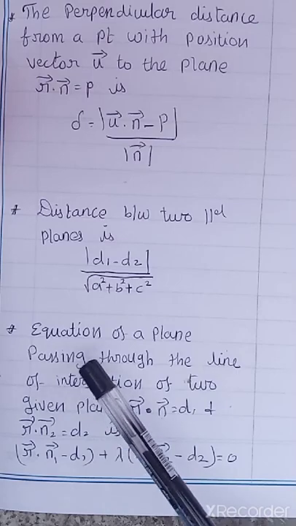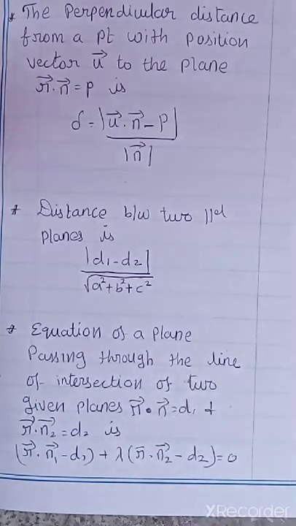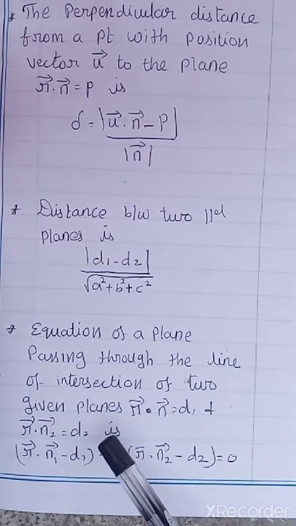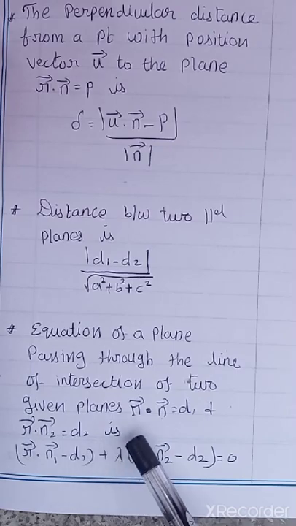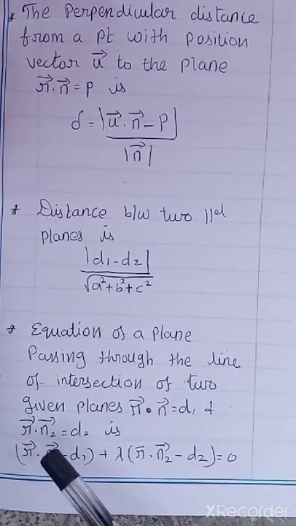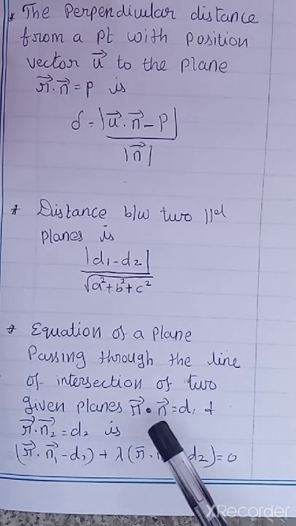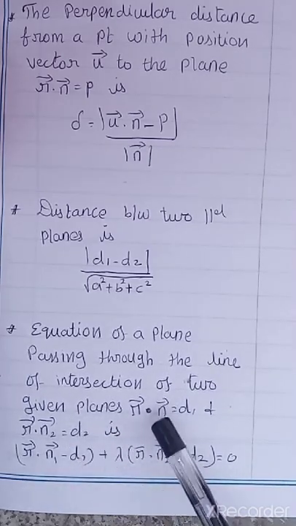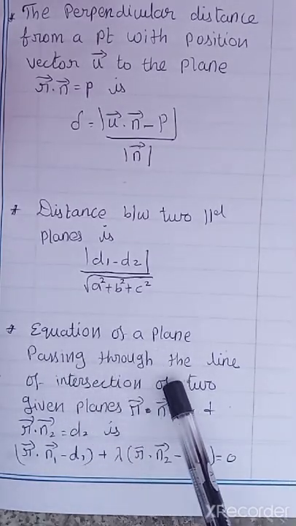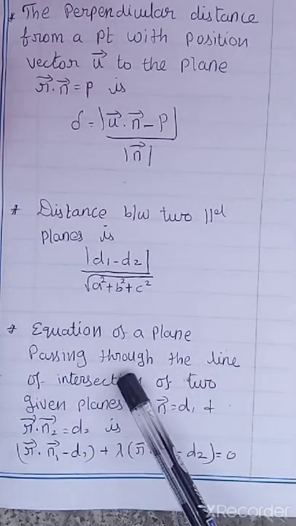And next is your equation of plane passing through the line of intersection of two planes. So here two planes are given, r dot n1 equal to d1 and r dot n2 equal to d2. So we are taking two planes and we are going to find out equation of plane passing through the line of intersection.